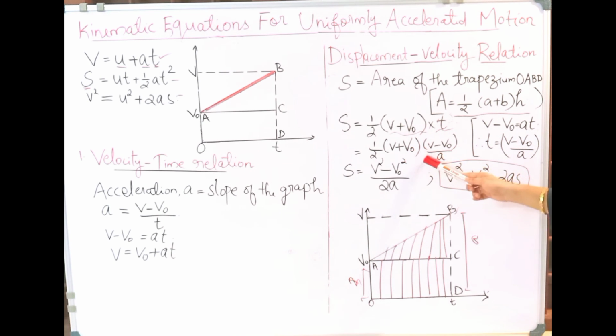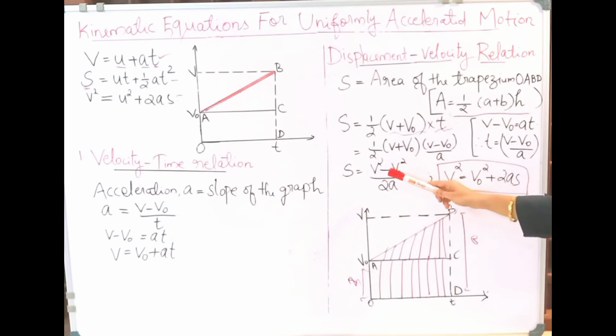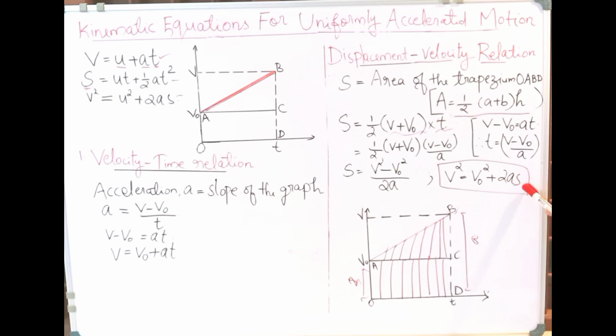Half into (V plus V0) into (V minus V0) by A. That will be equal to (V square minus V0 square) by 2A, because this is the case of (A plus B) into (A minus B), that is A square minus B square. When we are rearranging, what will we get? V square is equal to V0 square plus 2AS. So this is the third equation of motion.